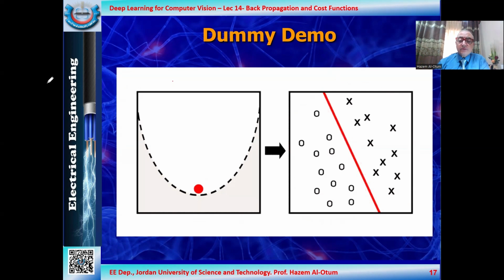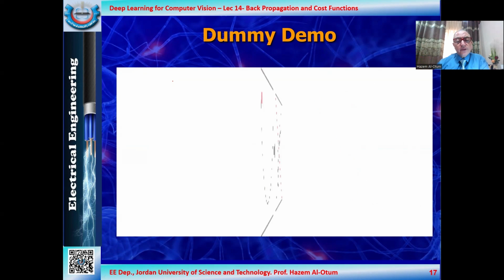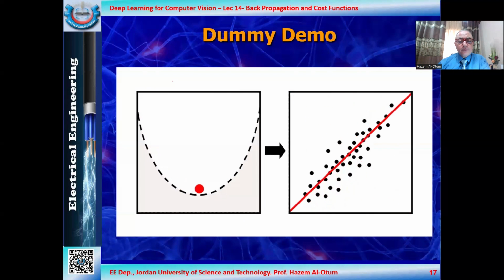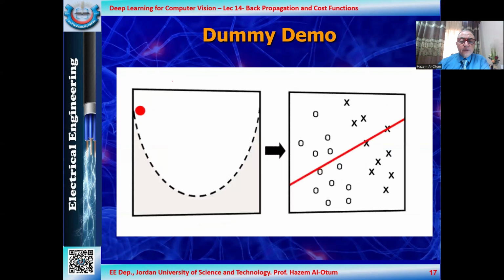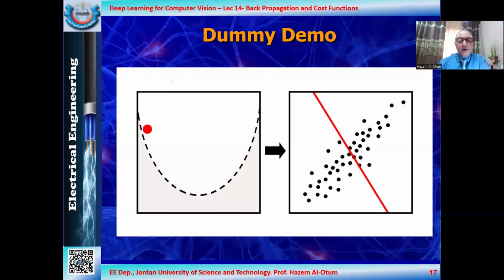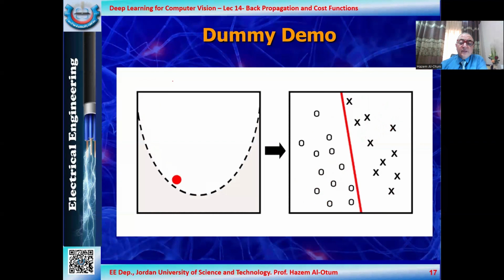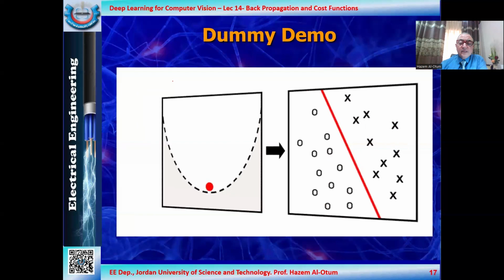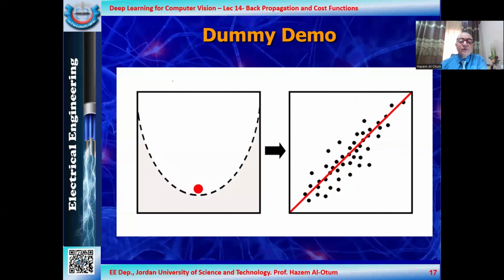By modifying these weights, the error, which is the red ball, is also changing. As you see here, it's going to a minimum, and the classification is improved by reducing the error in the backpropagation track, and this helps us improve the performance of the system.